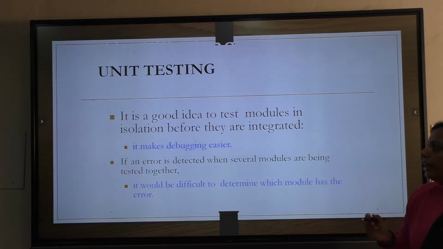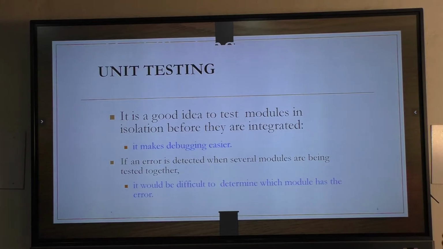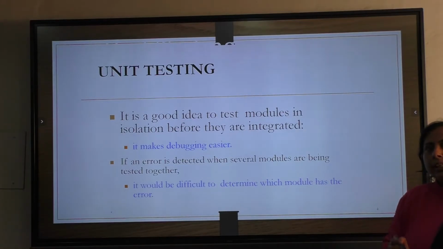Because the error can be easily rectified in unit testing. If an error is detected in a single unit, it can be easily rectified. If an error is detected when several modules are being tested together, it would be difficult to determine which module has the error. So first of all, we have to test the modules individually.